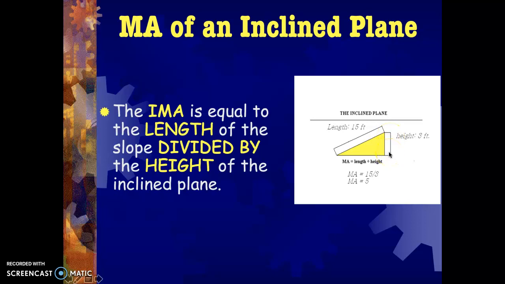So the ideal mechanical advantage is going to be 15 divided by 3, and that should give us a mechanical advantage of 5. Now again, this is ideally. We both know that's not going to be exactly right because there will be some friction between the object and the inclined plane. But in an ideal world, no friction, you should be able to apply 5 times less force.